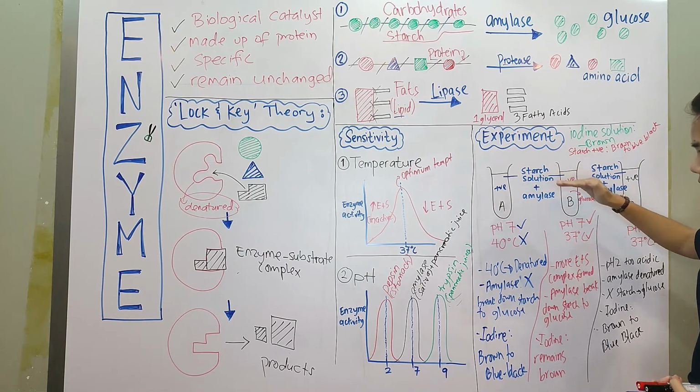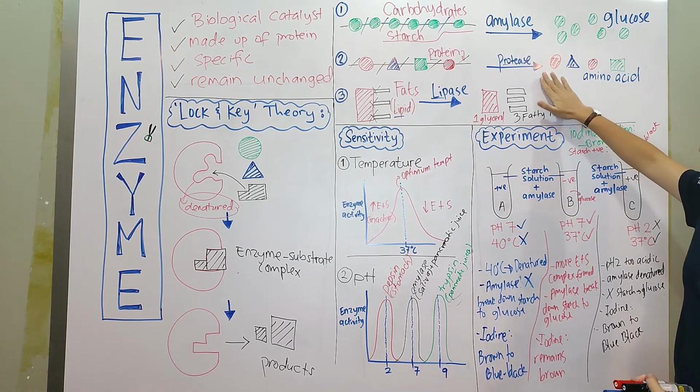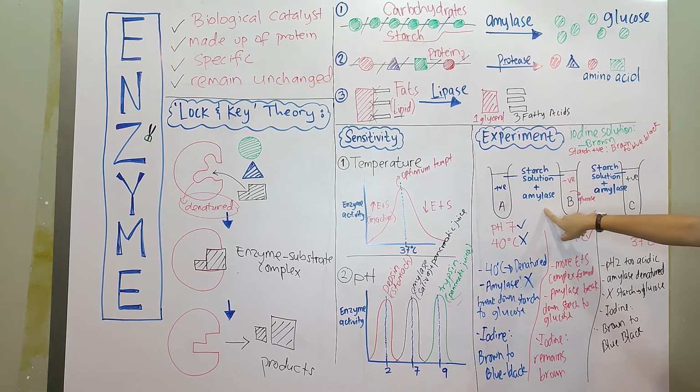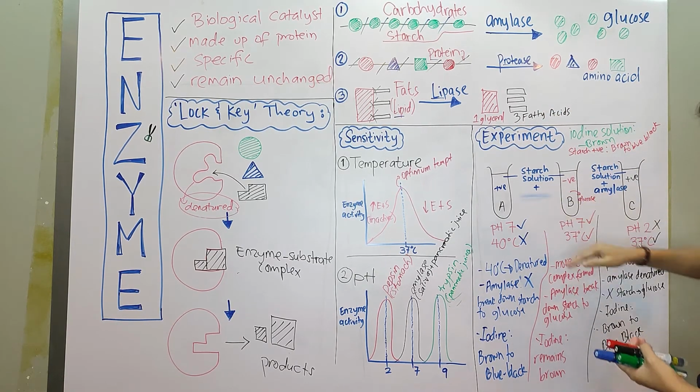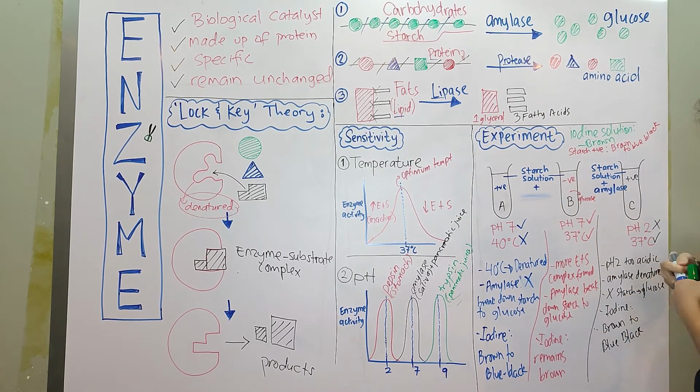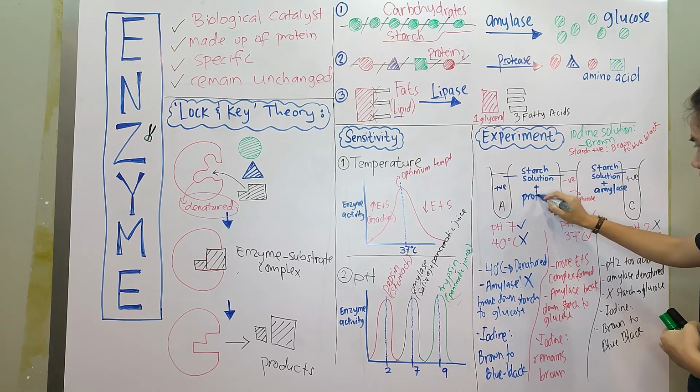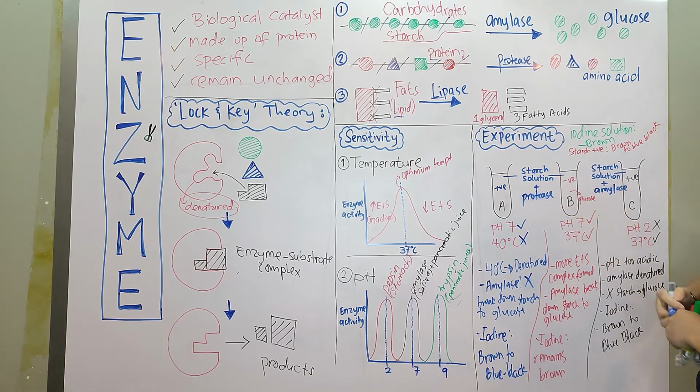Again, look one by one. And remember, this one also is very important because sometimes they will change this to, let's say I put protease. If I put this protease, you see here pH 7, and then 37.